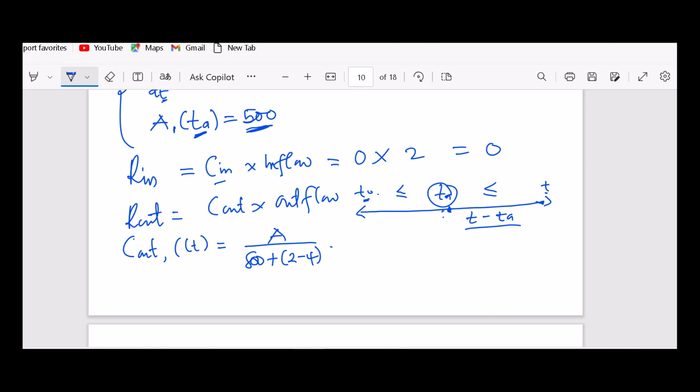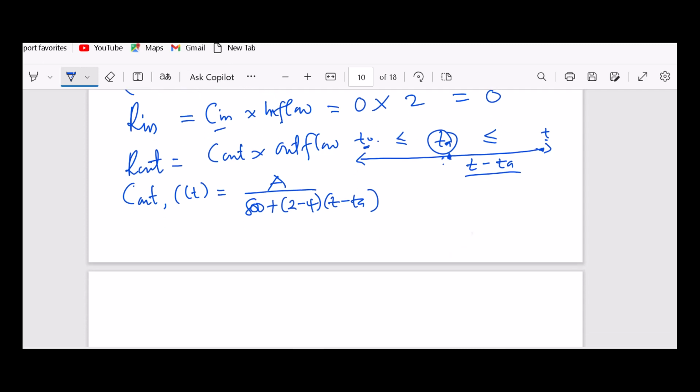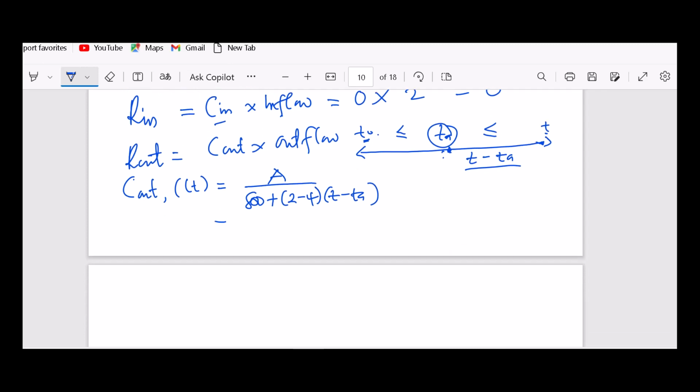Multiplying by T minus T of A, we now have A all over 800 minus 2 into brackets T minus T of A.